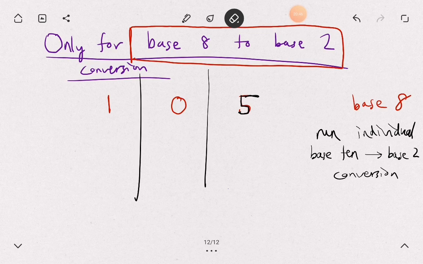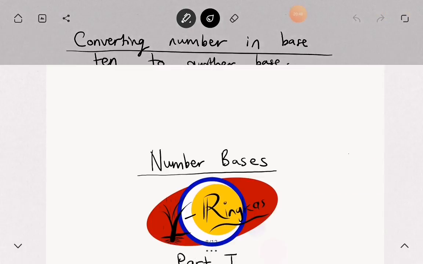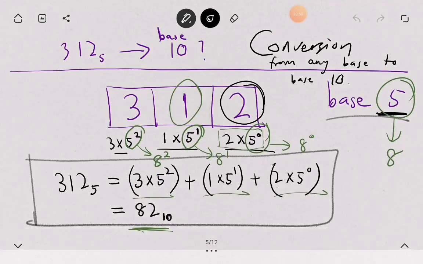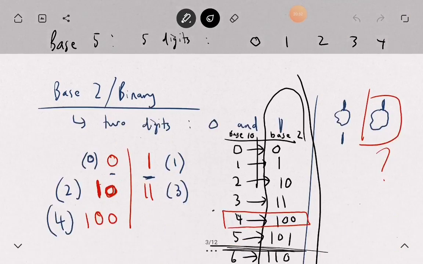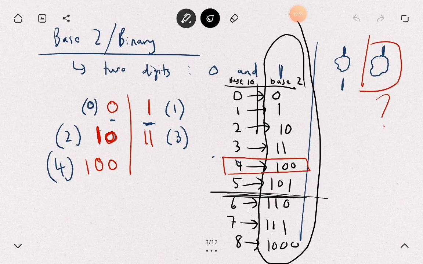Or you can refer from here. Remember, 4 in base 10 is 100 in base 2. So 5 is just one more than that, it's 101.